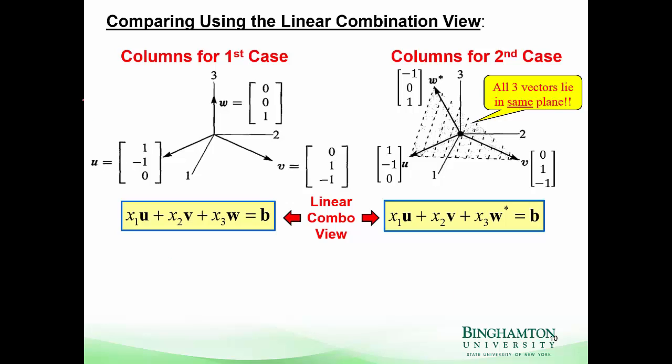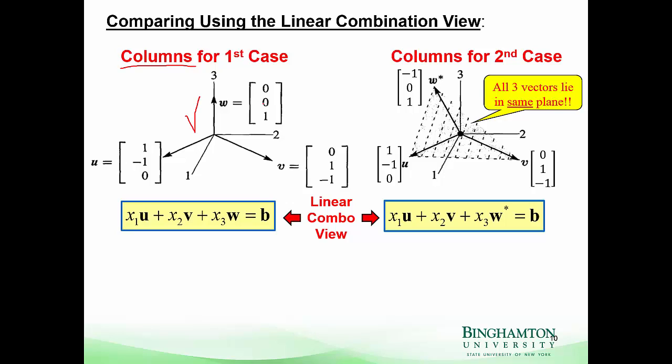So remember, here we have three vectors that do not lie in one plane. There's no plane that holds all three of those vectors. Therefore, we know that the columns for case 1 are linearly independent vectors. That was our initial definition of what linearly independent meant for three vectors: three vectors are linearly independent if there is no plane in which they all lie.